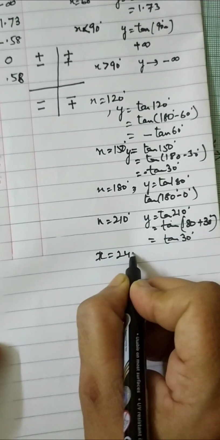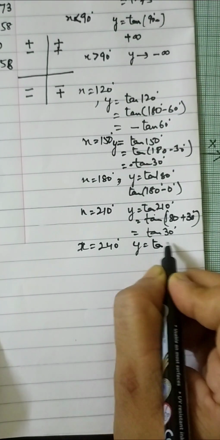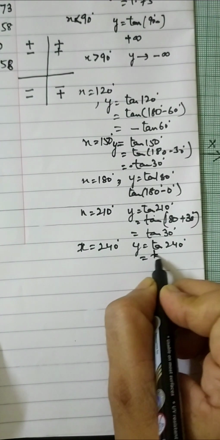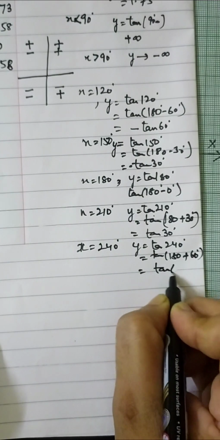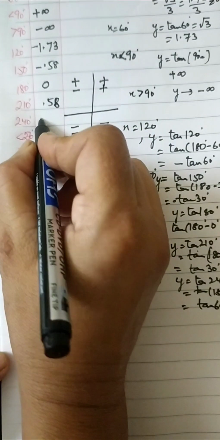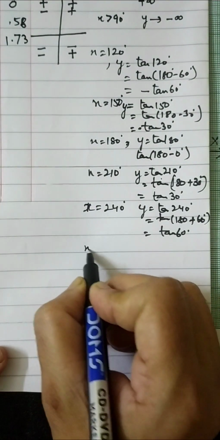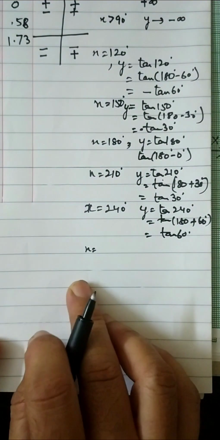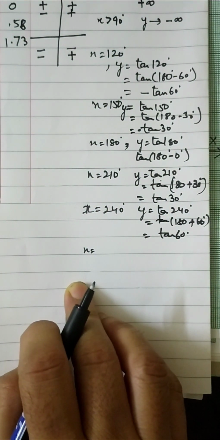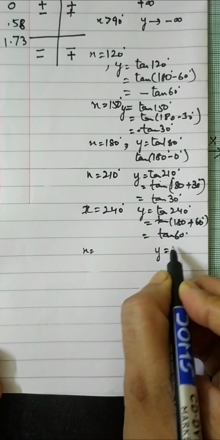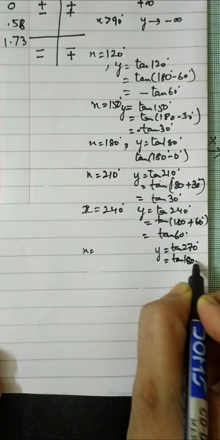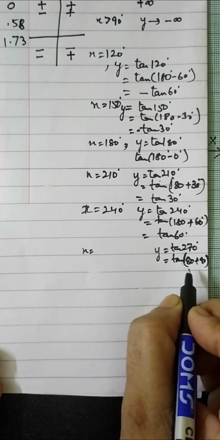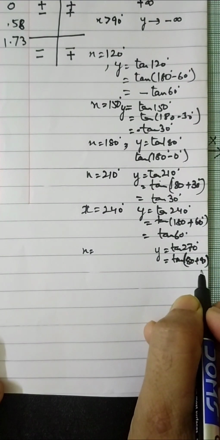When x is 240, y is tan 240, tan of 180 plus 60. So tan 60 is 1.73. When x is 270, y would be tan 270, and this I can write as tan of 180 plus 90, and that would be tan 90, and it is infinity.